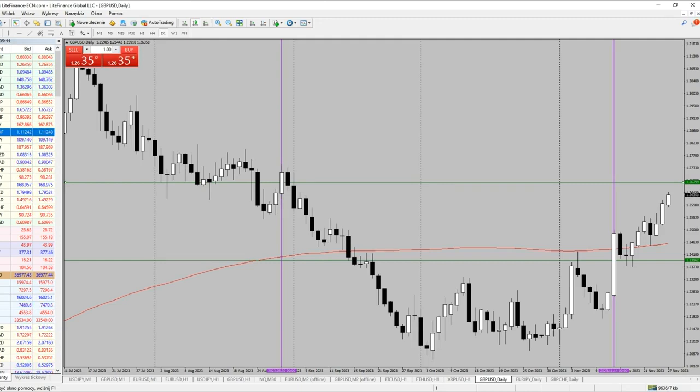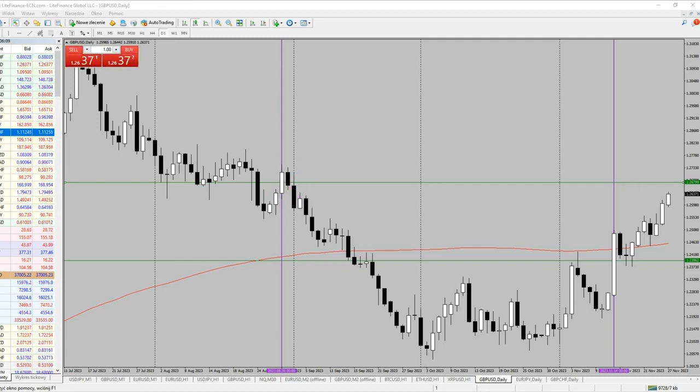So, an inside bar is a candlestick pattern where the high and low of the current candle are within the high and low of the previous candle, right? So let's have a look at what we have here. For example, that's the inside bar. Really, the high is higher than the high of the inside bar, and the low is lower than the low of the inside bar.